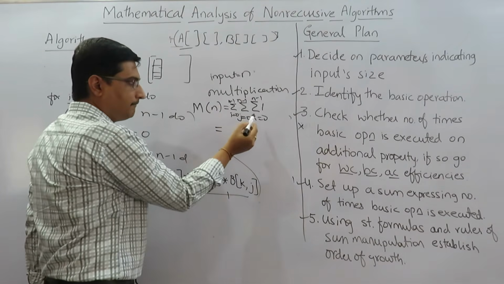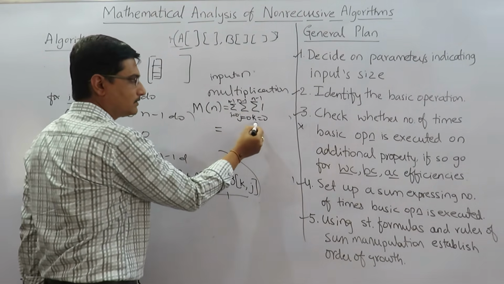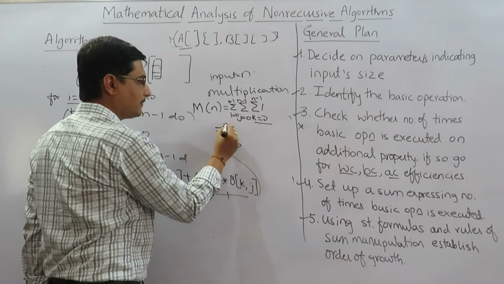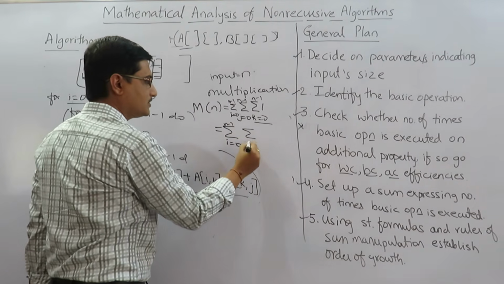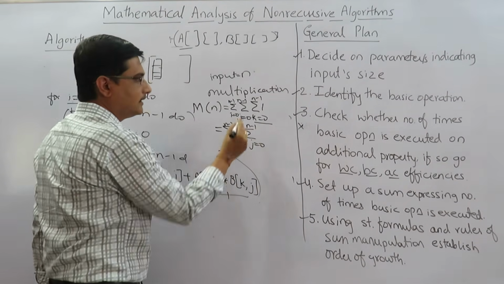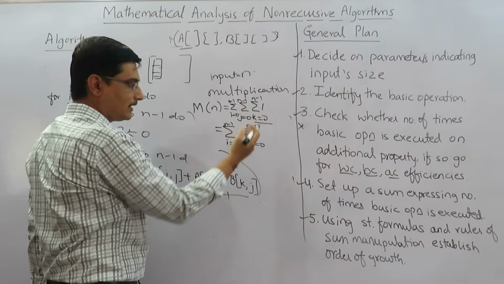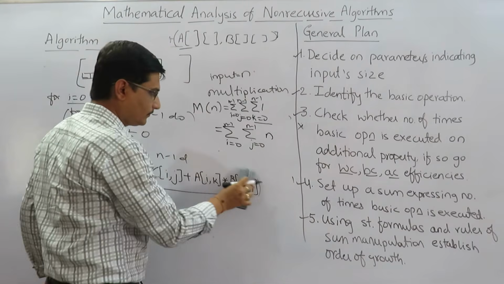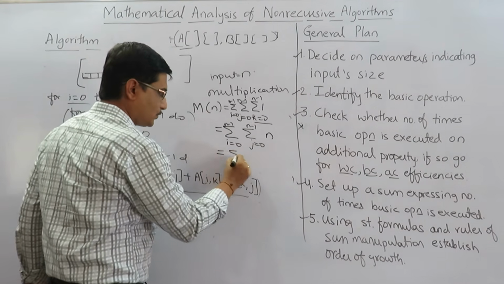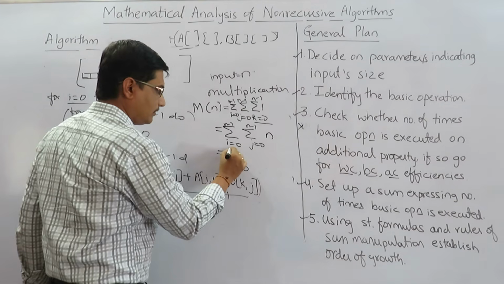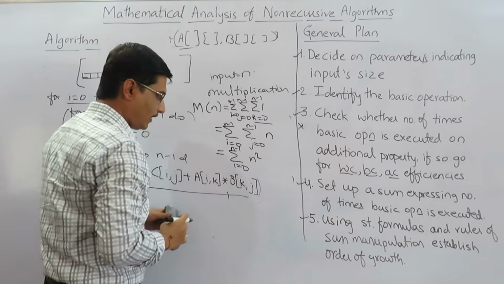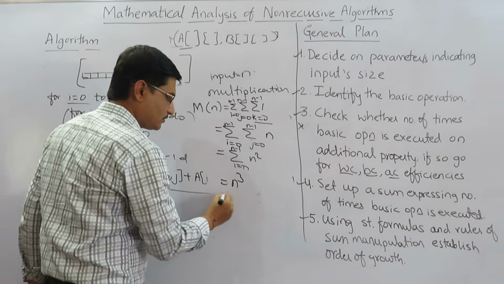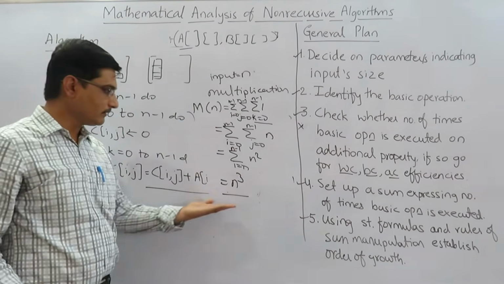If you solve this part, n minus 1 minus 0 plus 1 will be n, right? This will be n, so this will be n square, and one more time n, if it is applied, this will be n cube. So the number of times the basic operation is executed will be n cube.